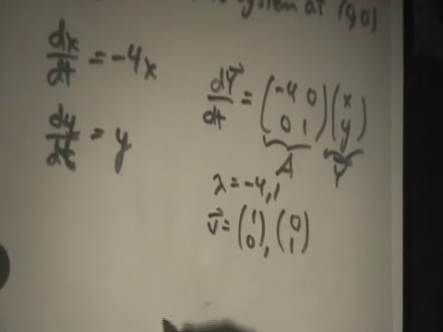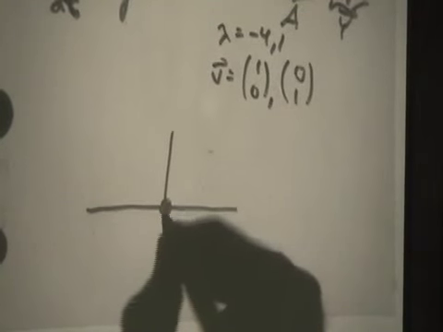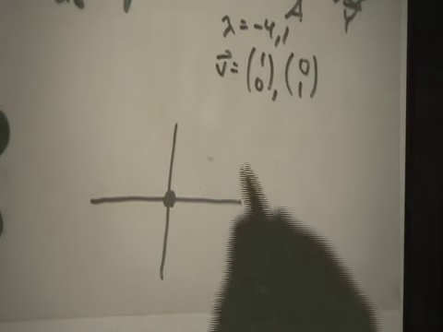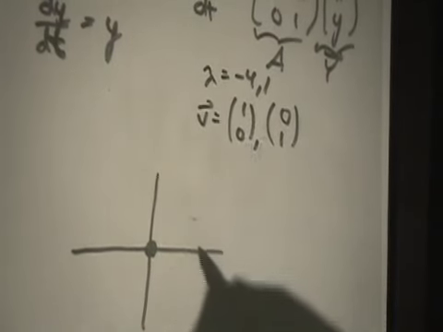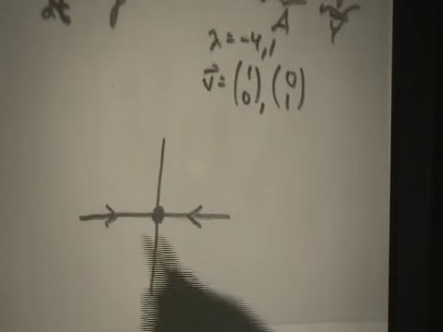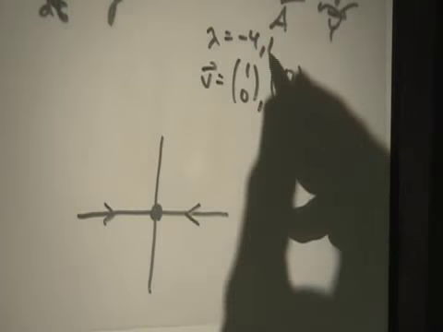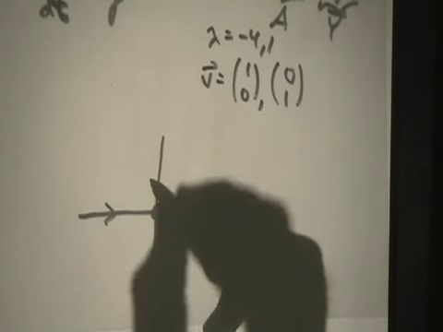So in fact, the phase portrait of the linearized system has the origin as its only equilibrium point. Negative 4, that's the negative eigenvalue with eigenvector (1, 0). That tells you you've got straight line solutions going in toward the origin along the x-axis. Plus 1, that's a positive eigenvalue with eigenvectors along the y-axis, so you're going away along there.